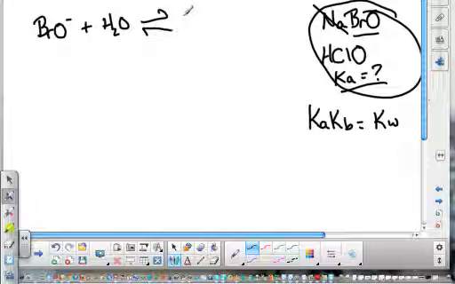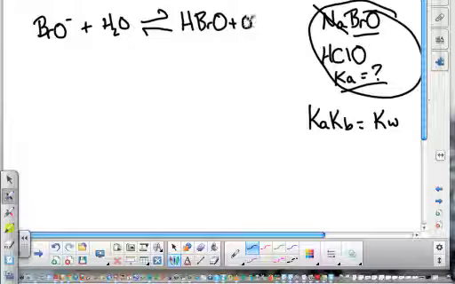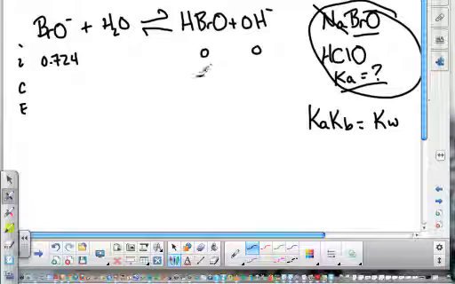And so we have HBrO, because that's a base, and I am left with OH minus, which I always need to have if I have a base around. All right, so this is going to be pretty straightforward. 0, 0, plus x, minus x. Now, we're going to apply our little check.